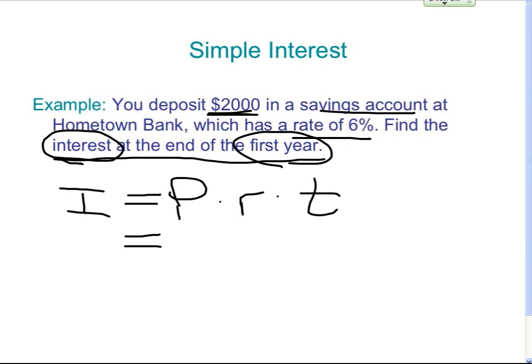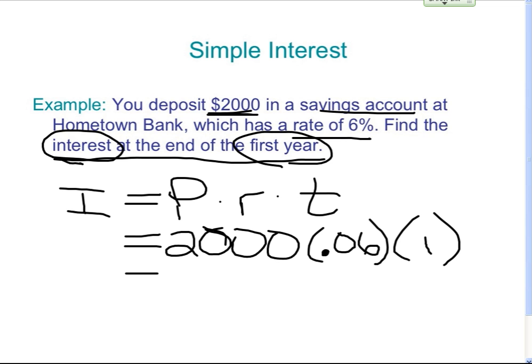The principal is what we're depositing, so we're depositing $2,000. We're going to multiply that times the interest rate, which is 6%. And the 6% we have to write as a decimal, so 0.06. And the amount of time, that's always in years. So we want the interest after the first year, so that would be 1 year.